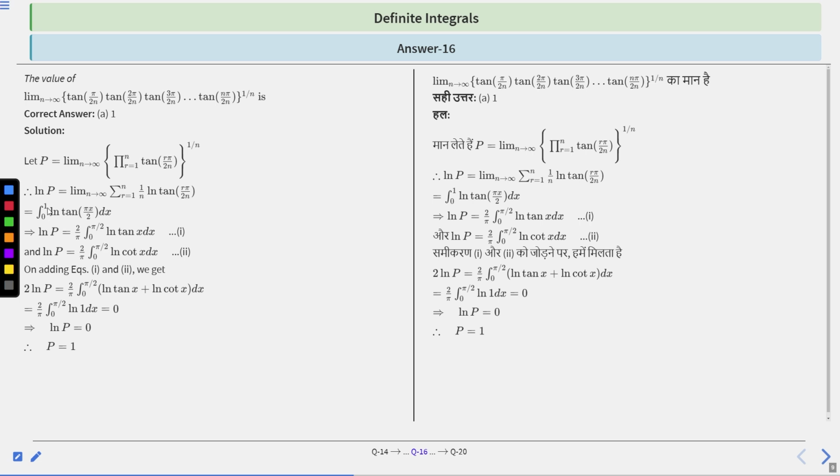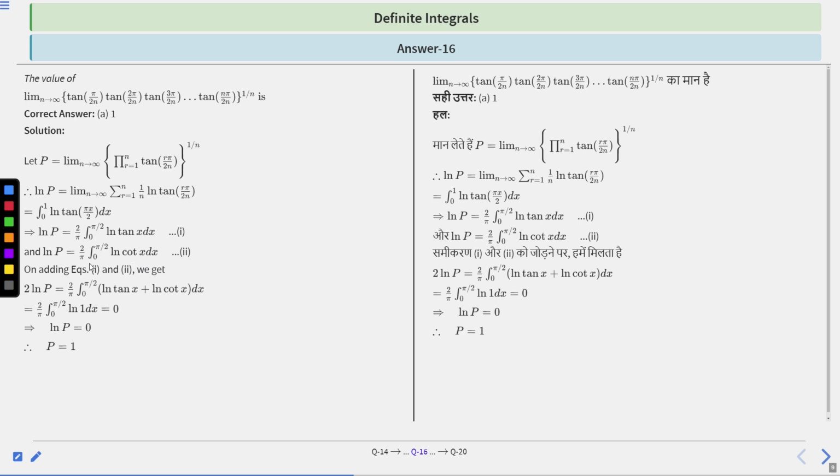Therefore, by taking log, we get ln P equal to the limit as n tends to infinity of the summation for r equal to 1 to n of (1/n) ln tan(rπ/2n). We convert it with 1/n as dx and r/n as x, and the limit will be from 0 to 1. So it is equal to the integral from 0 to 1 of ln tan(πx/2) dx.